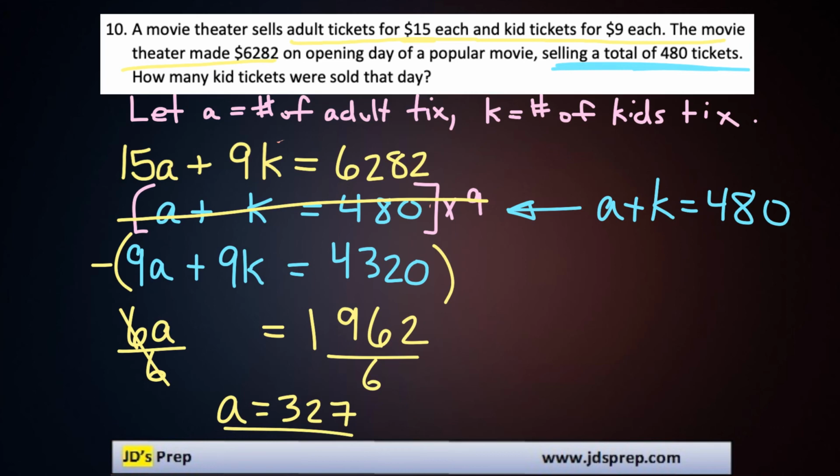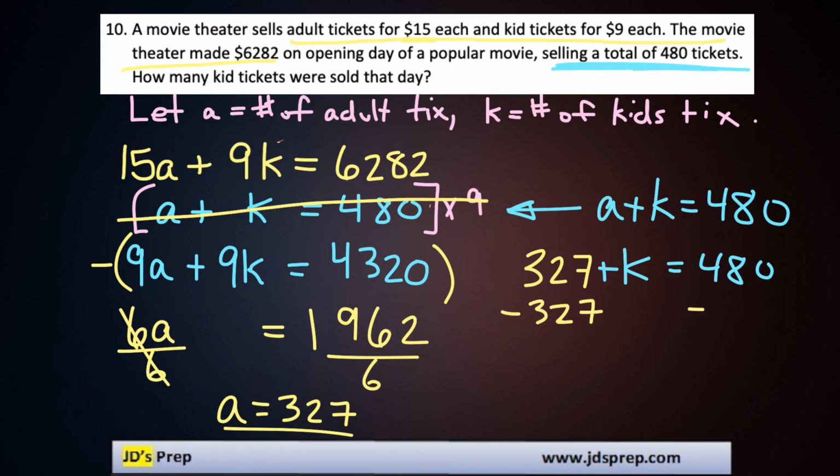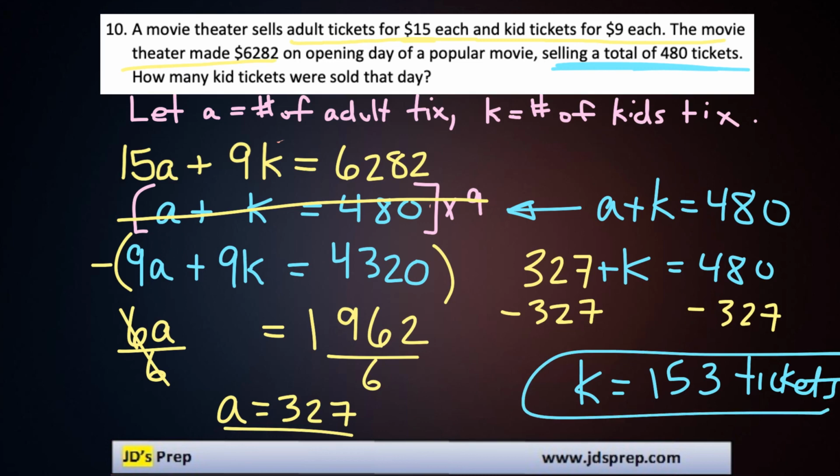So if there were 327 adult tickets sold, then we can simply find out how many kids tickets were sold by subtracting that 327 off of 480. And that would give us our answer of 153 tickets. So there were a total of 153 kids tickets sold.